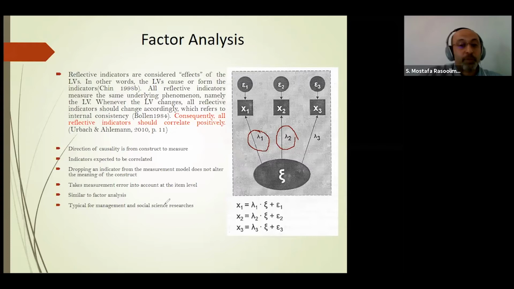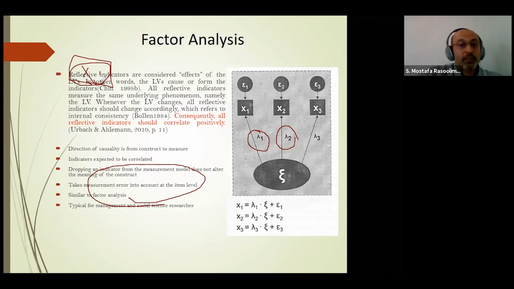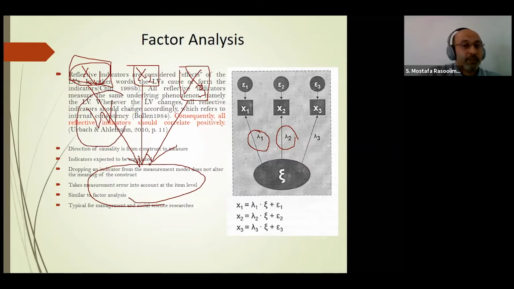For formative construct, you remember, x1, x2, and x3 form a construct together. So the direction of arrow is from item to construct. So for formative construct, weight is important, not loading. But for reflective, loading is the most important parameter.